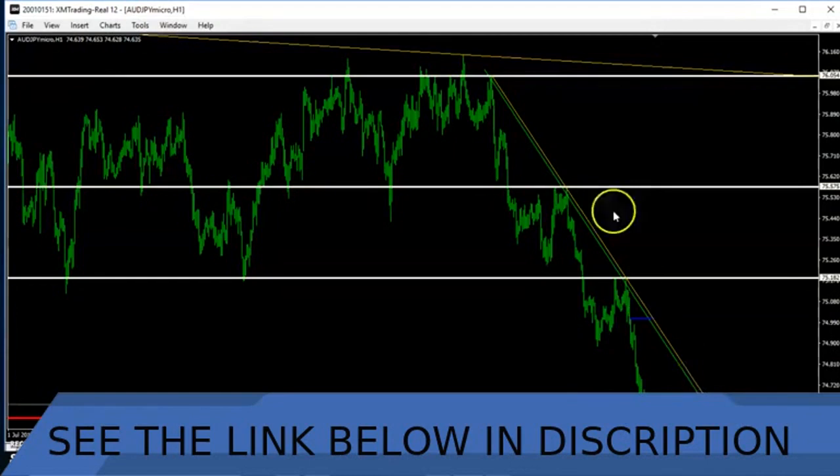Tell you. So whatever point that we have right now doesn't matter, because the trend line is going down.